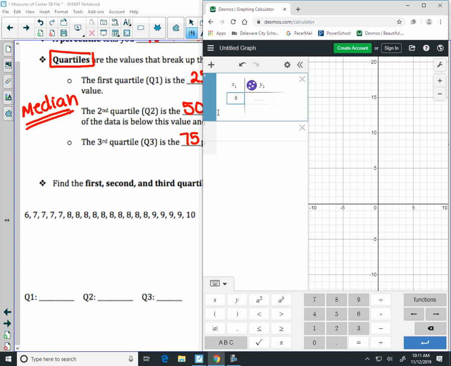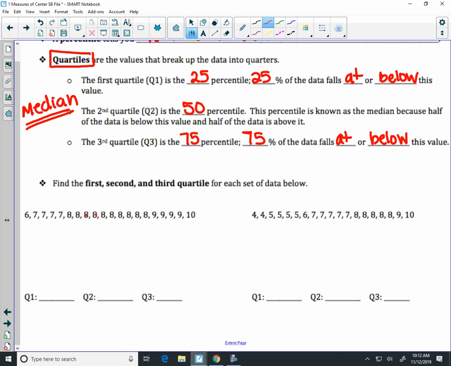Okay, 6, and then how many 7s are there? 4 7s. 1, 2. And then all of these. 1, 2, 3, 4, 5, 6, 7, 8, 9, 10 8s.